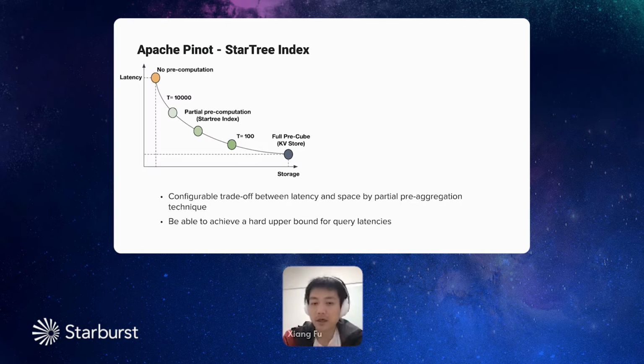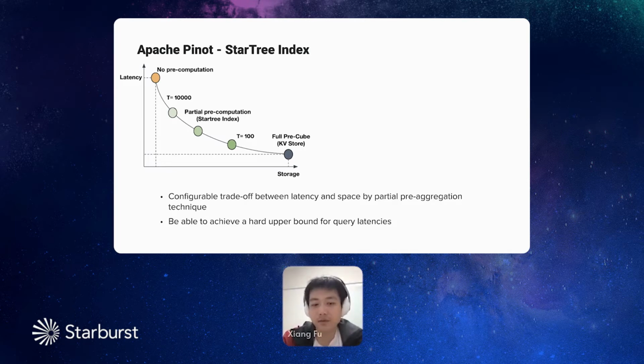Compared to the pre-cubing solution, where everything will be answered in O(1) time, here you can think of everything being answered in O(100) time, which means Pinot won't scan more than 100 records in order to answer your question.